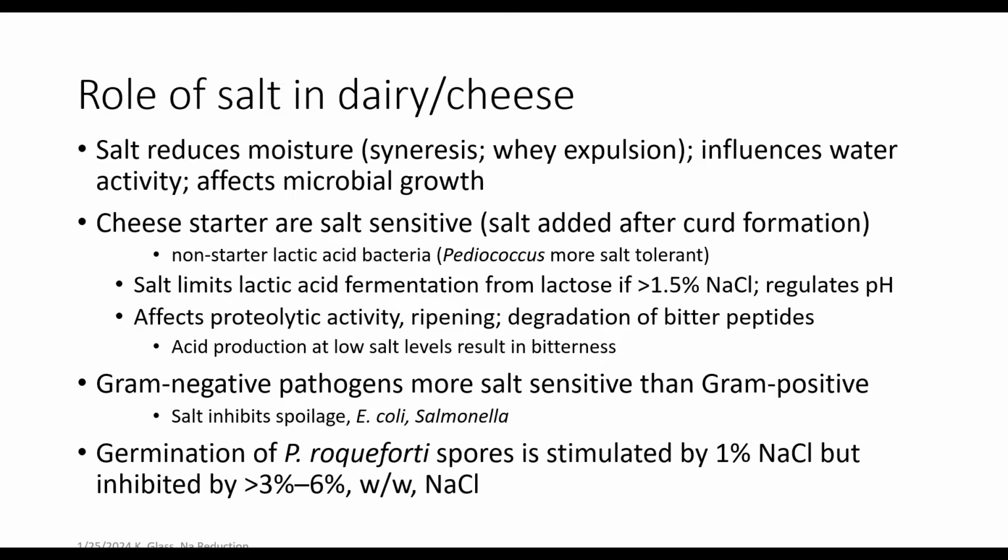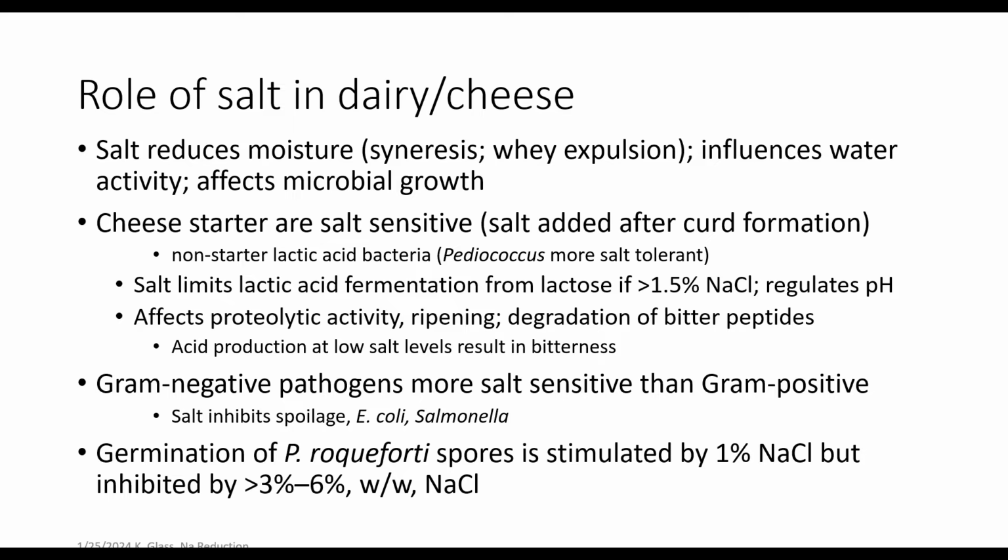Safety of these products relies on rapid acid development during culturing and acidic pH during cooling and storage. For cheeses, the added starter culture produces acid to expel whey from the curd and reduce moisture. This, in turn, reduces water activity, making it less hospitable for pathogen growth.